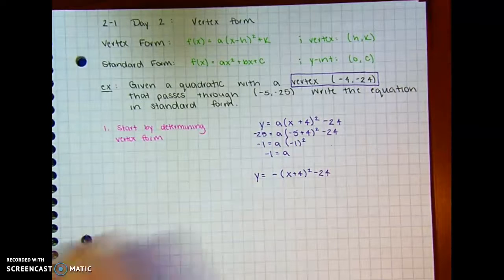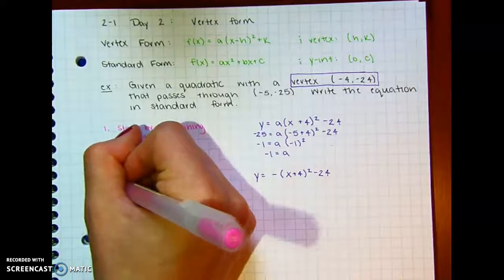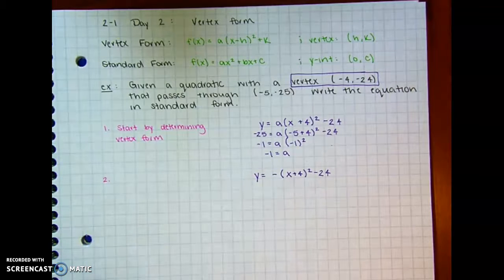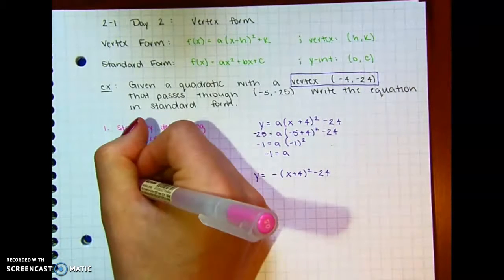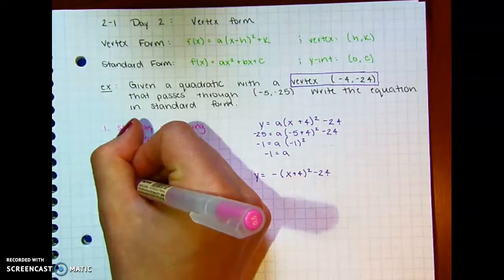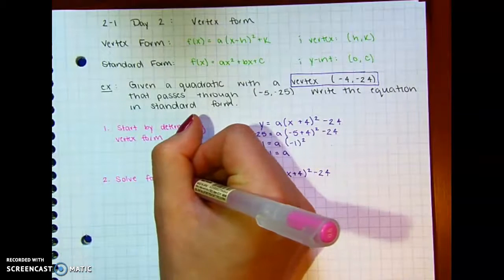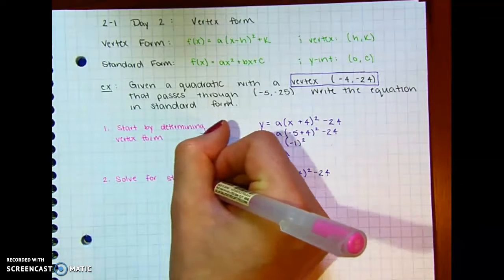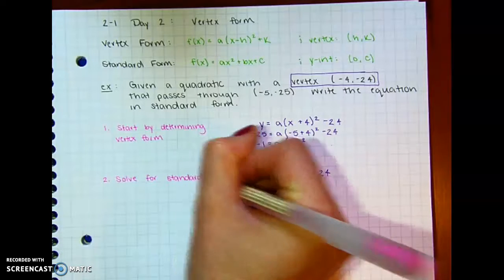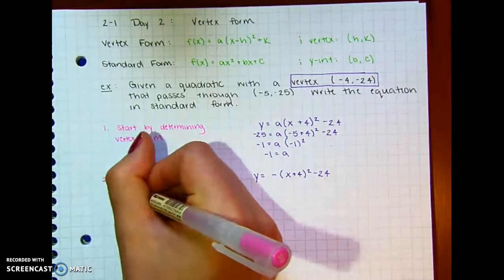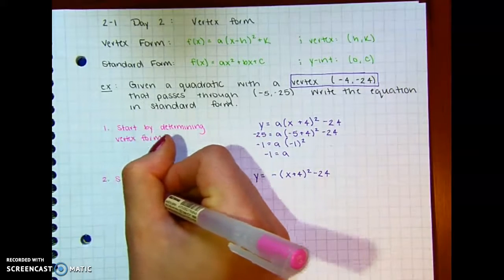And the second thing we're going to do, now that we have our vertex form, is solve for standard form. To do that, we first expand.